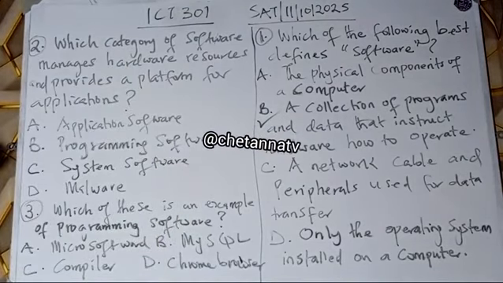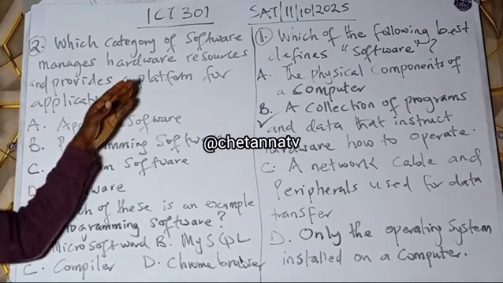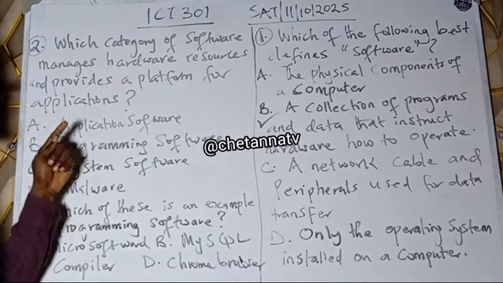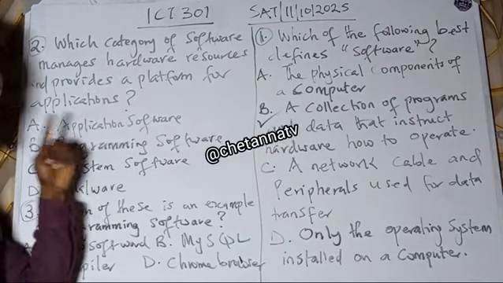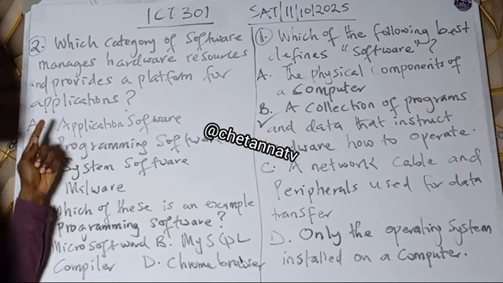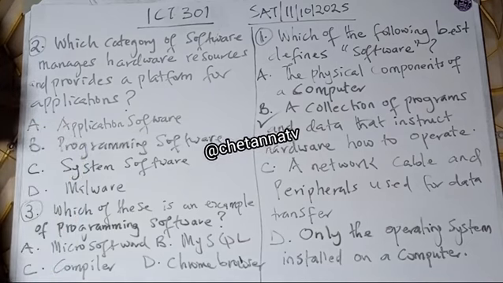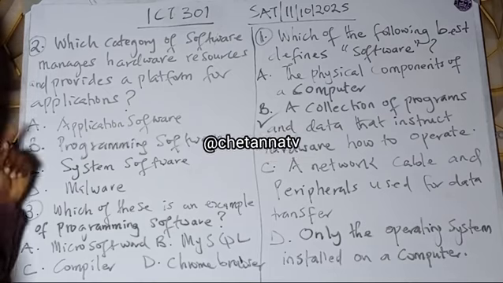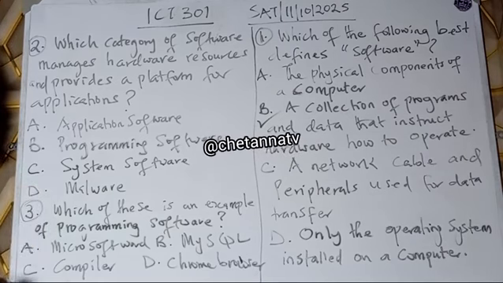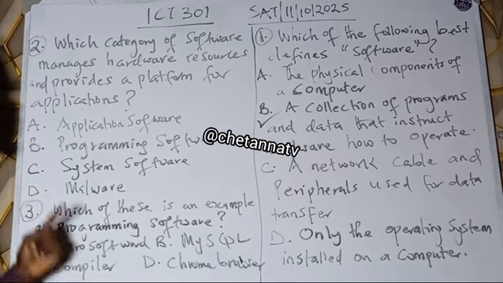Question 2 says, which category of software manages hardware resources and provides a platform for applications? Option A says application software. B says programming software.